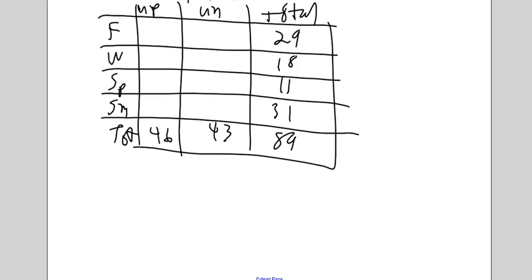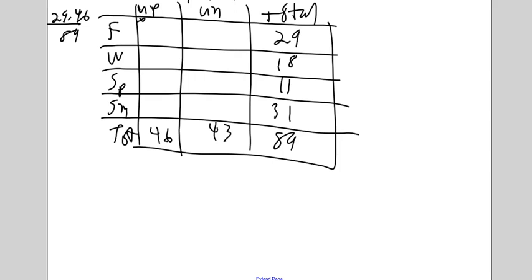Remember, for this box right here, I'm not going to write them all out, but we take 29 times 46 and divide by 89. That's the same thing every time. So you just take 29 times 46, hit enter, and then divide by 89.